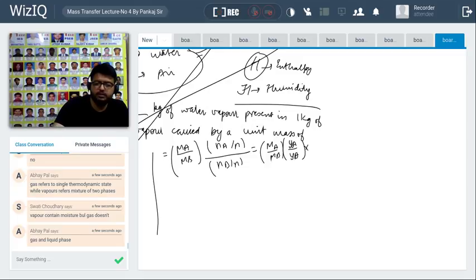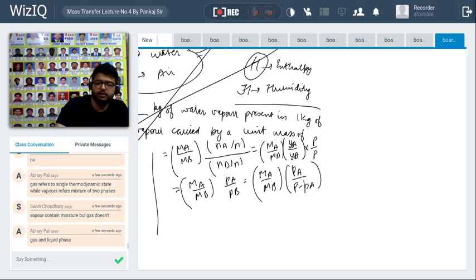Multiplying and dividing with pressure, we get Ma over Mb into Pa over Pb, which is equal to Ma over Mb into Pa upon P minus Pa.